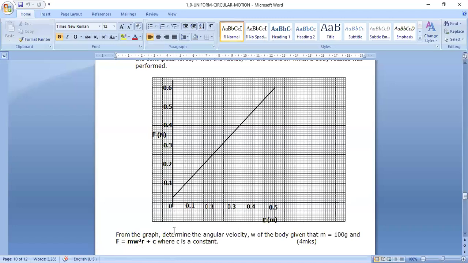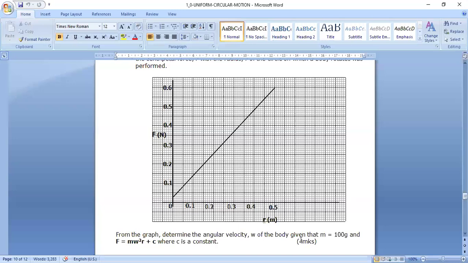So you can write the two formulas down: F equals m omega squared r plus c. Underneath that equation, write y equals mx plus c. So we are going to cancel what represents y. On y equals mx plus c, we cancel y. On the formula F equals m omega squared r plus c, we cancel F because we can see on the y-axis, we have F. On the x-axis, we have r.